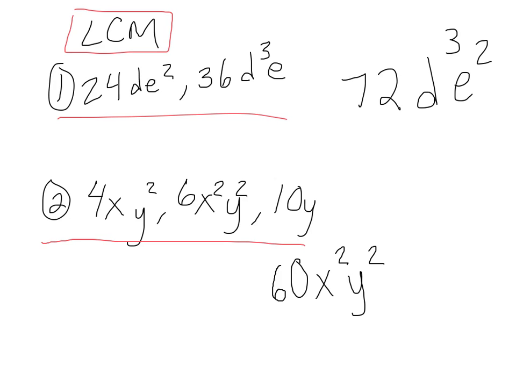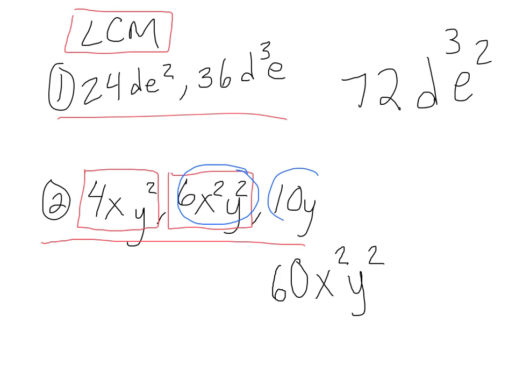And again, don't shy away from this, because all you need to do is find the least common multiple between these two, and then find the least common multiple between these two, and then separately, after you find those two, you'll find the least common multiple between the two that you found. And then that would be your LCM, which should be 60 x squared y squared.